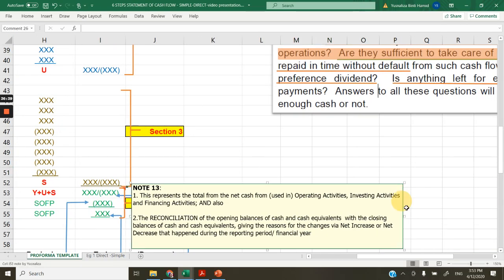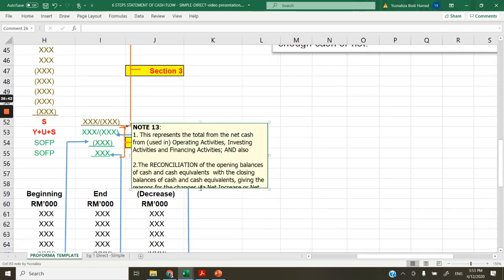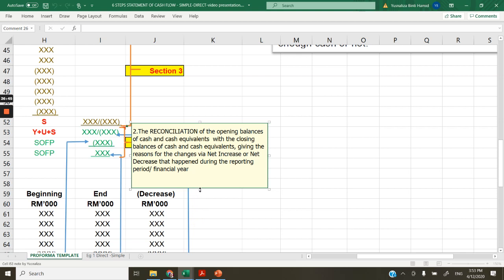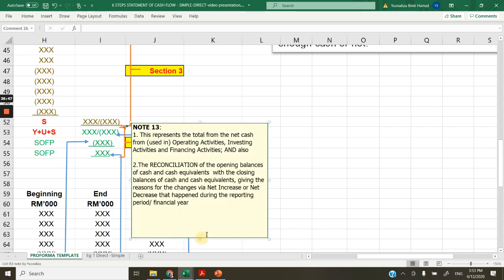Okay, this is the thing that I want to show you. This Y plus U plus S, which is the total from the 3 sections, represents the total from operating, investing, and financing activities.